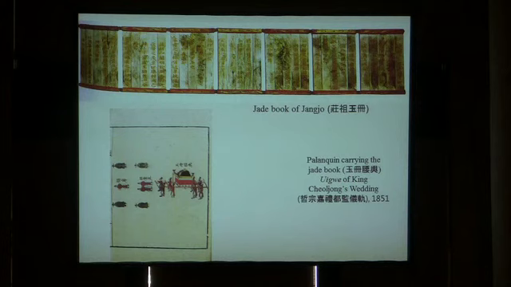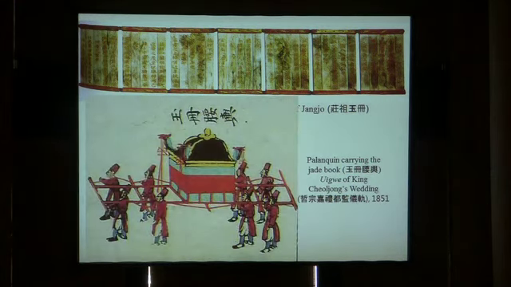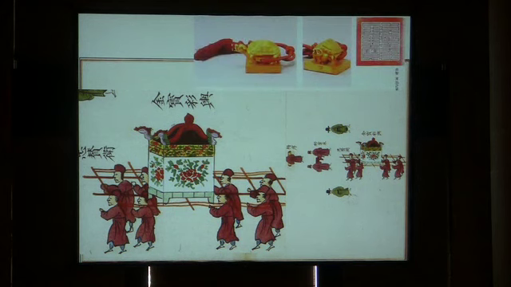And this is a book of encomium, all the good things about the bride or bride-to-be, contained in this small palanquin. And then finally, there is this colorful palanquin for a gold seal of the newly appointed queen.